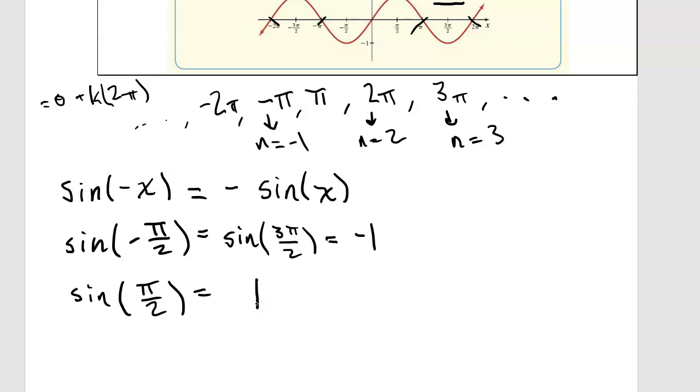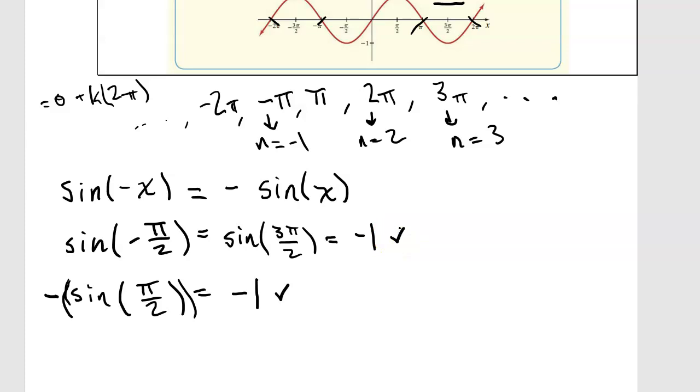So if we add a negative on the outside of this sine, that means that we're making the output of this function negative, and since it is a positive, we get negative 1. And if you look, these two are the same output.